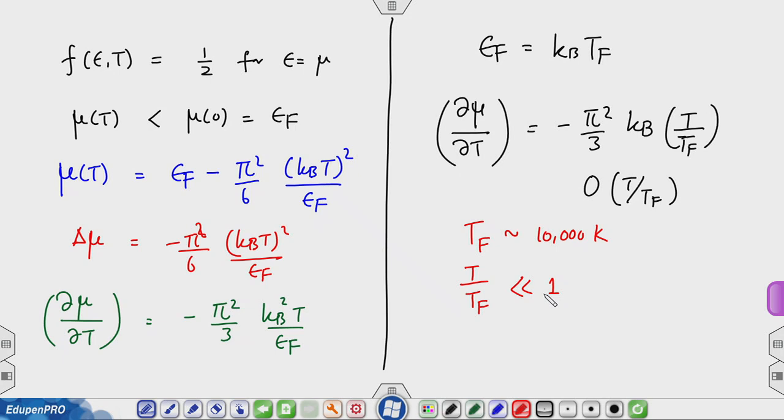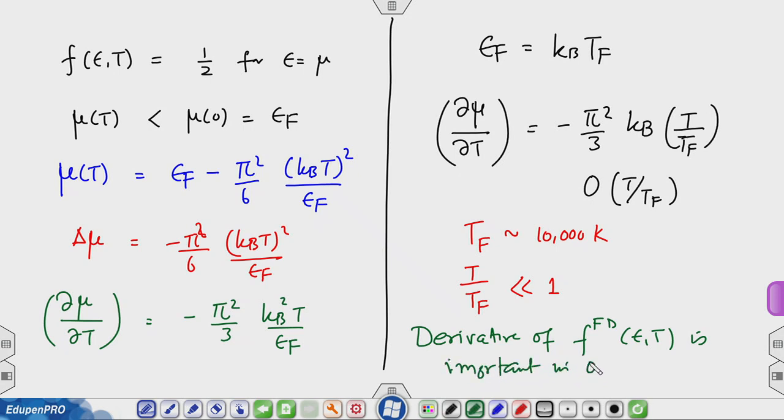More importantly, the derivatives of F of epsilon T is important in our discussion, and that's what I'm going to talk about next.